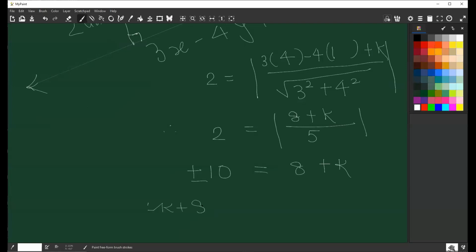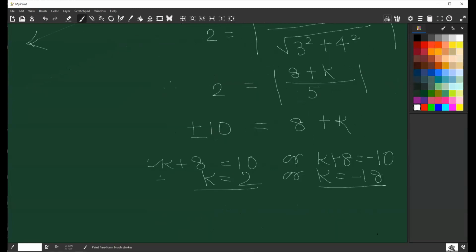So k plus 8 is 10 or k plus 8 is minus 10. So k is either 2 or k is minus 18. I think majority of the students have got only one answer. So when you remove the modulus sign, you're supposed to take plus or minus, or you can square both sides. But squaring both sides takes long, so otherwise, if this is an integer, you can always remove the modulus sign and take plus or minus.